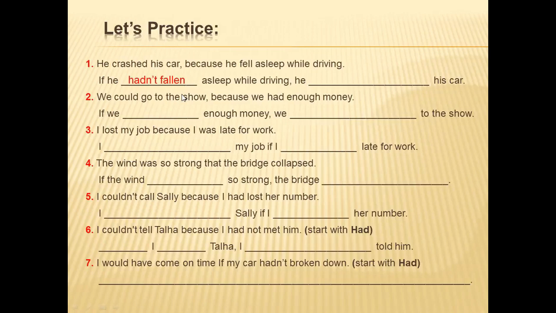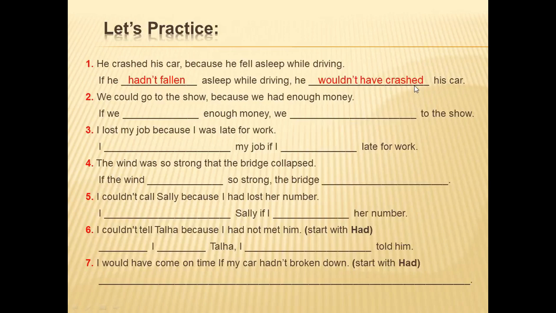If he hadn't fallen asleep while driving, he wouldn't have crashed his car. For this one you have to use subject plus would have plus participle, or we can say verb 3.